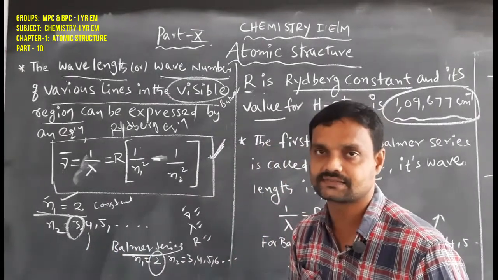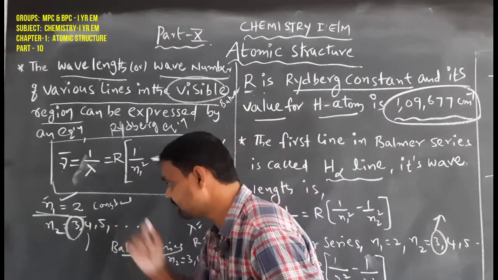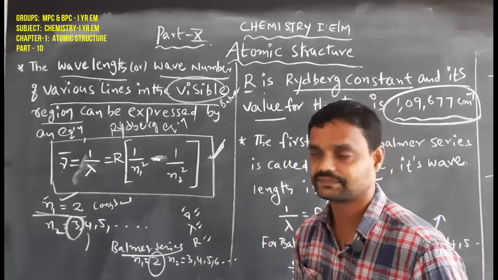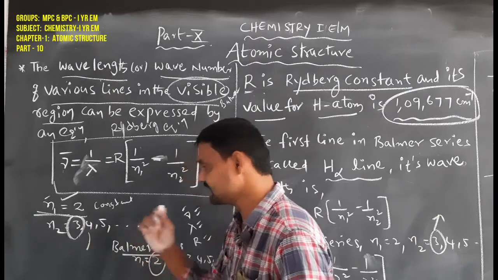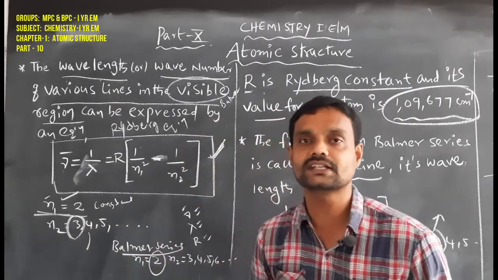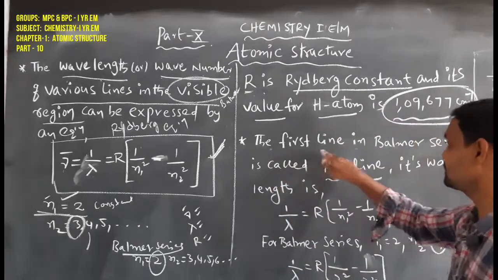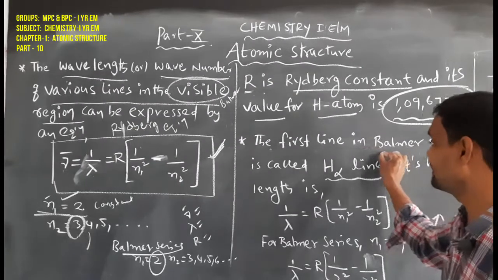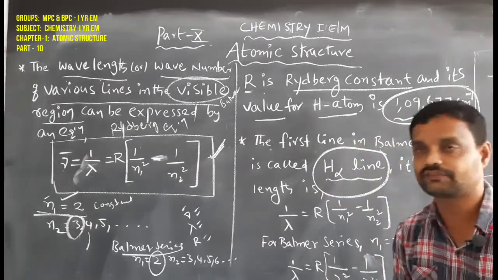If we take n2 equals 5, that is the third line. If we take n2 equals 6, that is the fourth line, and so on. That means the first line in the Balmer series is called the H alpha line.